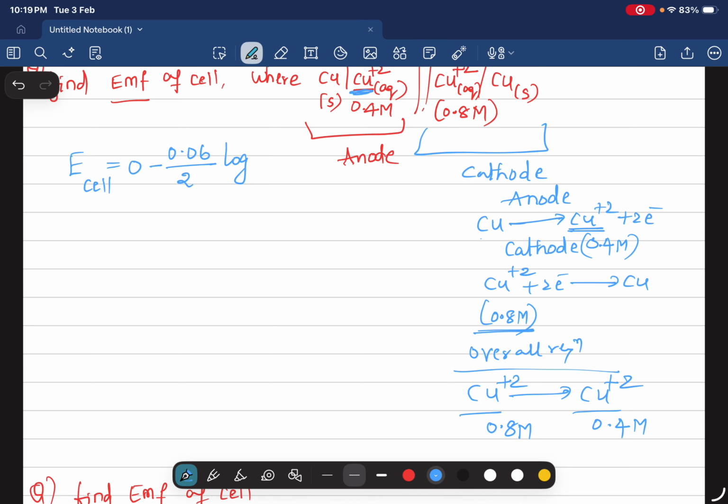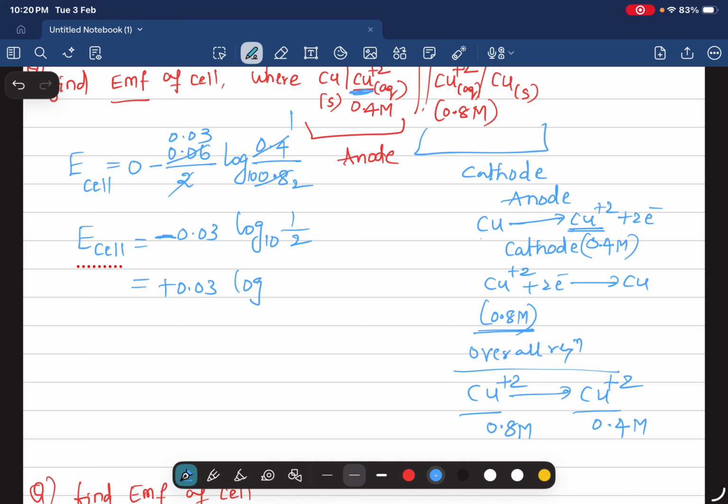Products by reactants means 0.4 by 0.8, which is 1 by 2 inside the log base 10. So E cell equals minus 0.03 log base 10 of 1 by 2, which we can write as plus 0.03 log base 10 of 2.